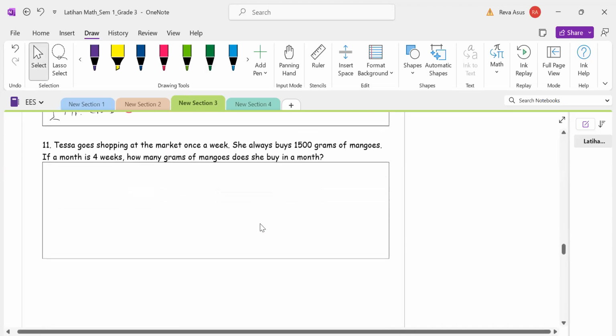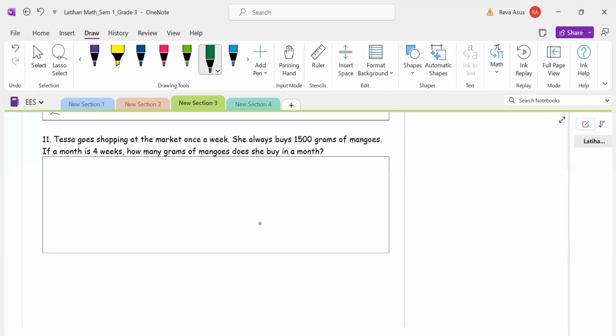And then number 11. Tessa goes shopping at the market once a week. She always buys 1,500 grams of mangoes. If a month is 4 weeks, how many grams of mangoes does she buy in a month? Okay, so Tessa goes shopping at the market once a week.